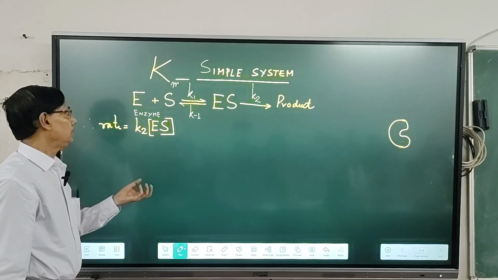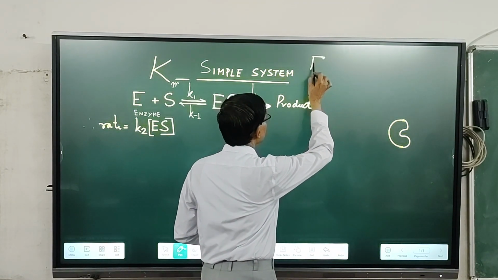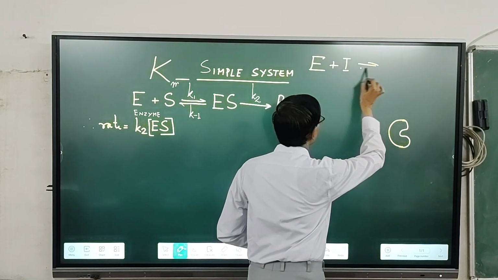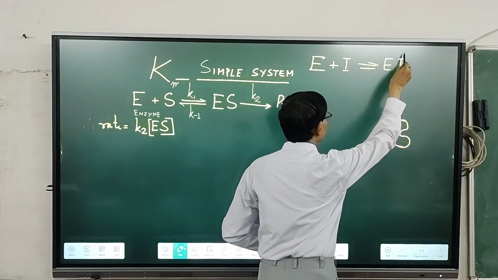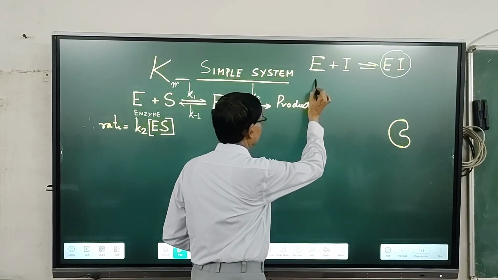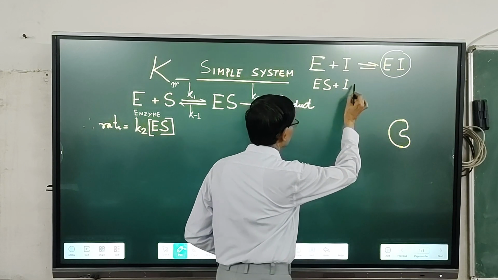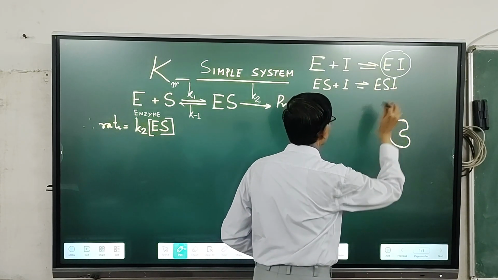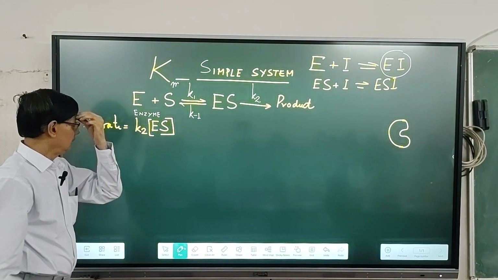If it is a competitive inhibitor, there is a possibility of EI, so another possibility. So we cannot ignore these things. If it is uncompetitive, what should be the effect? ESI. So therefore, first we have to learn this and then gradually these things.